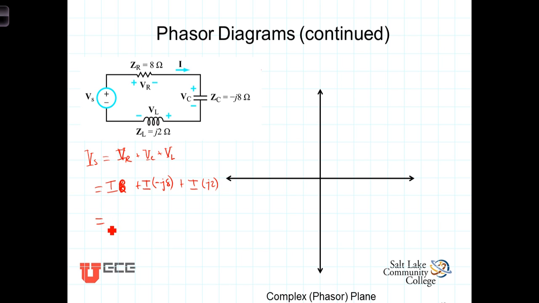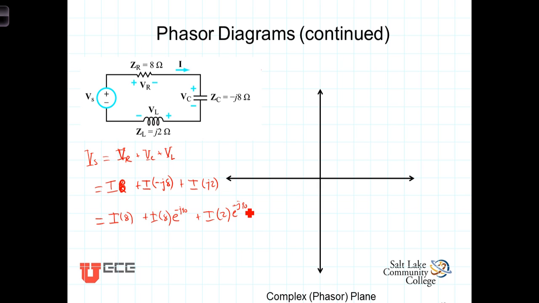Showing this explicitly with the phases, this will be I times 8. There is no phase difference between the voltage across the resistor and the current. On the other hand, we have I times 8 times e to the minus j90 in the capacitor, plus I times 2 times e to the positive j90 for the inductor.